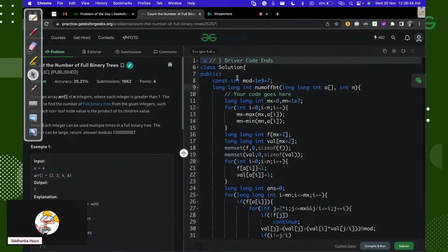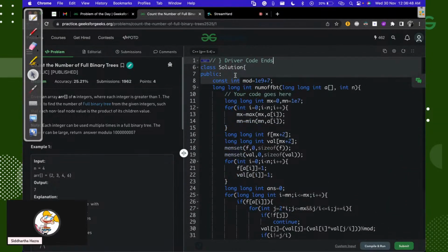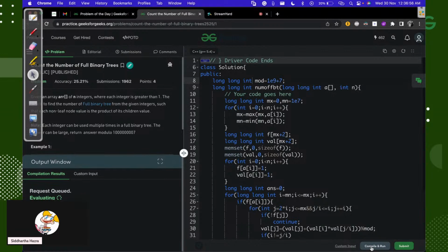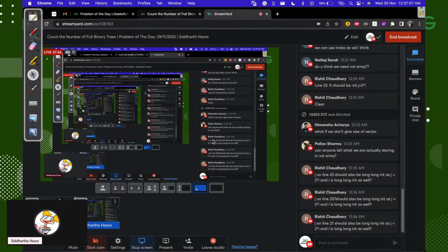Mod is constant, 10 to the power 9 plus 7. Yes, that should be good to go. Yes, I think there is some issue. I would mention the issue in the comments section only.